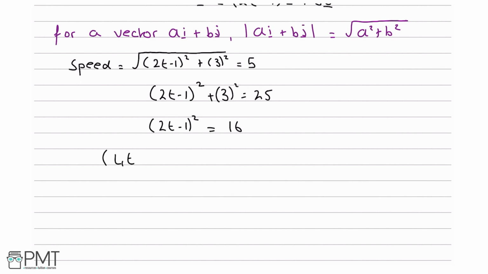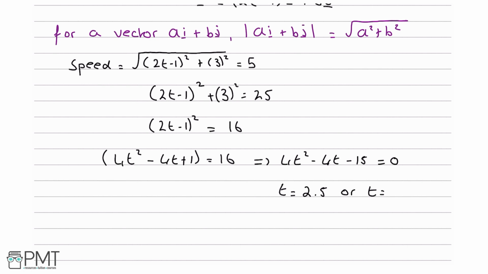Expanding, 4t squared minus 4t plus 1 equals 16. Rearranging this, we get 4t squared minus 4t minus 15, because 1 minus 16 is minus 15, equals 0. Then if you use the quadratic formula with a equals 4, b equals minus 4, and c equals minus 15, you get t equals 2.5 or t equals minus 1.5.